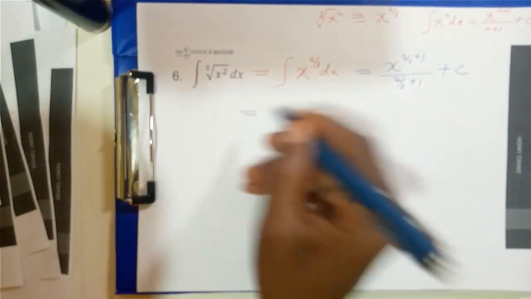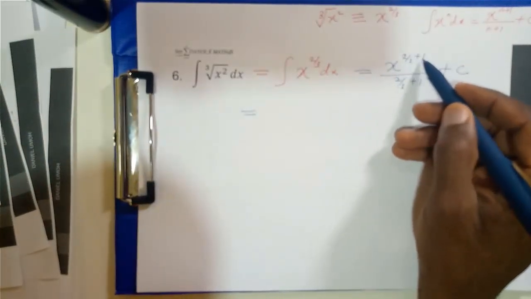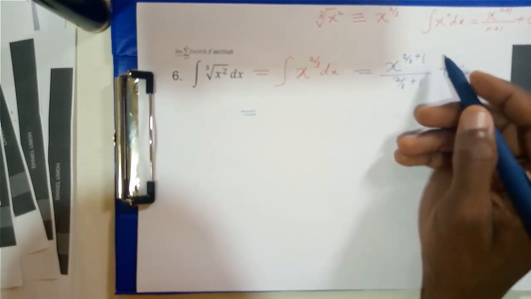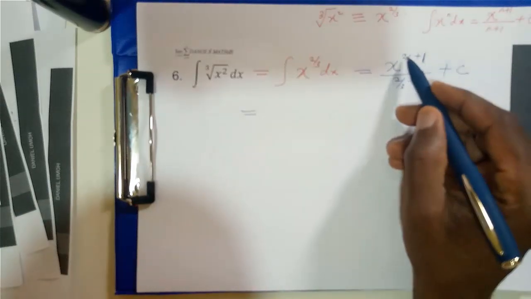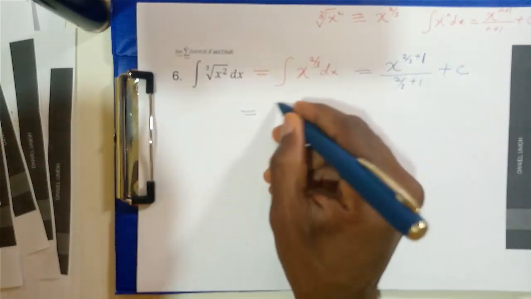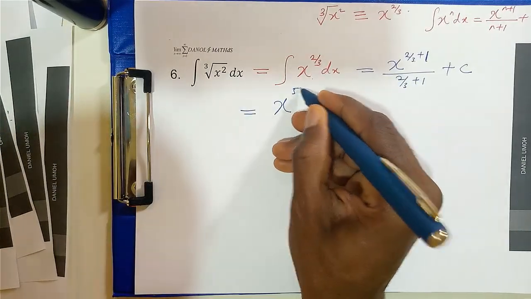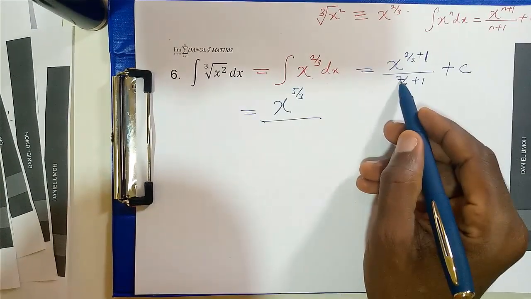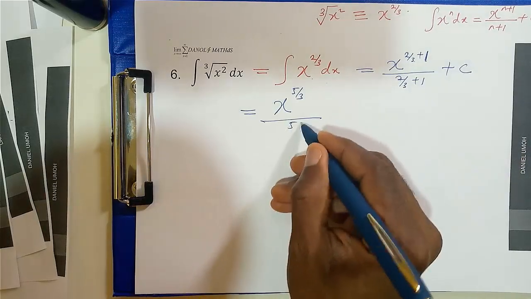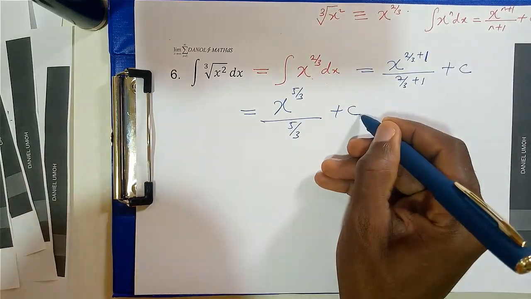When you do the fraction, I'm not actually here to teach you fractions, 2 over 3 plus 1 will give me x raised to the power of 5 over 3, all over 2 over 3 plus 1, which is 5 over 3, plus c.